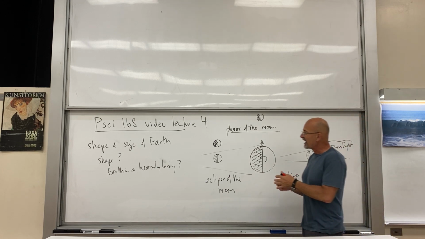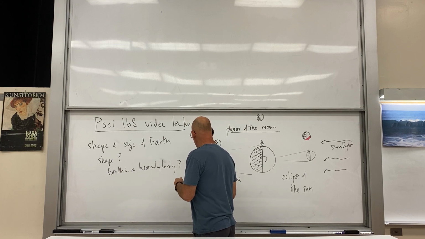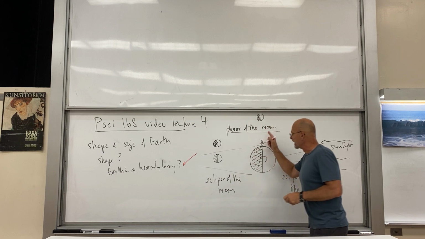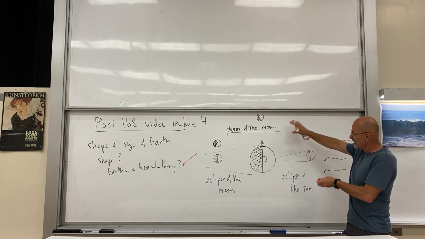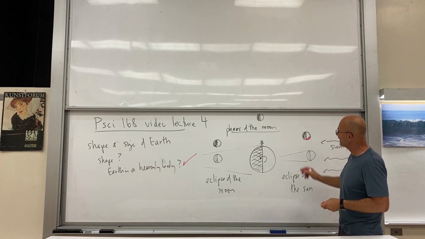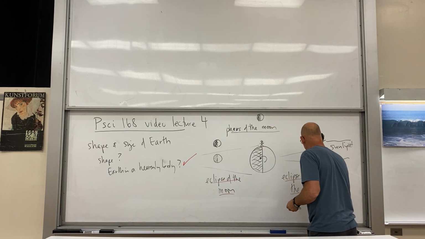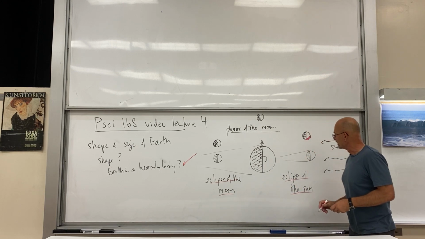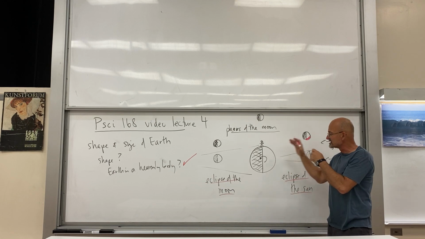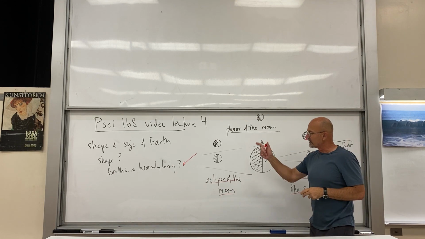So the fact that the Earth is a heavenly body is dealt with by these types of observations: phases of the moon, eclipses of the moon, eclipse of the sun. The moon casts a shadow on Earth. It blocks out the sun. So that's how we know the Earth is a heavenly body.